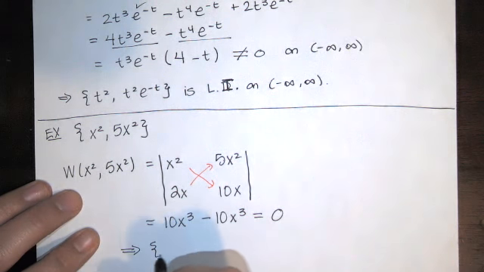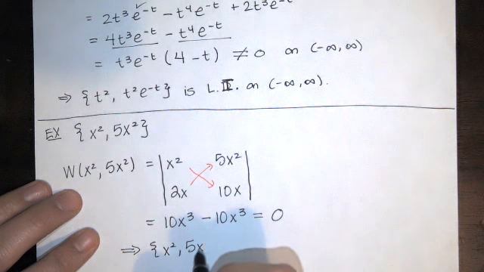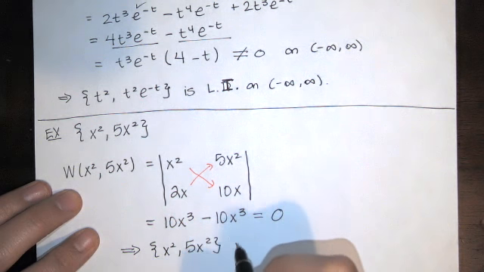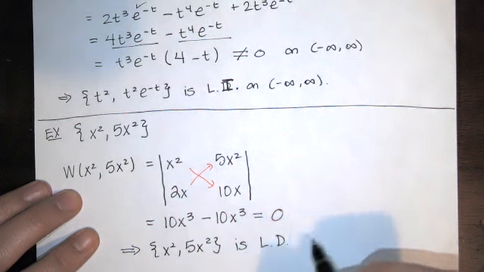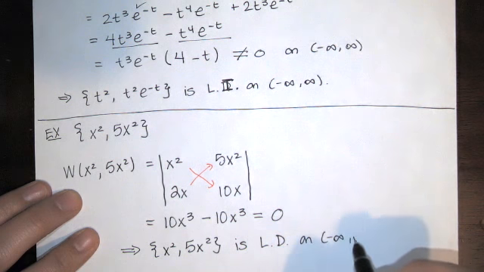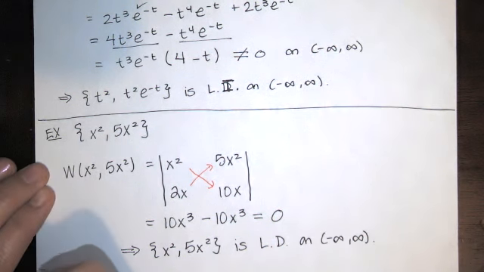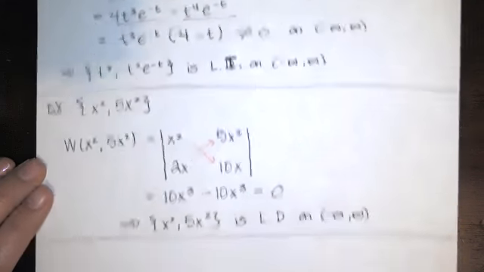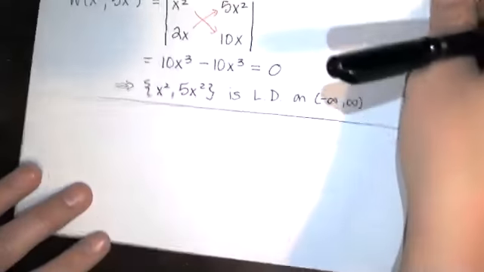So that means that this set x squared and 5x squared is linearly dependent on the entire real line. Okay, now let's do another one.